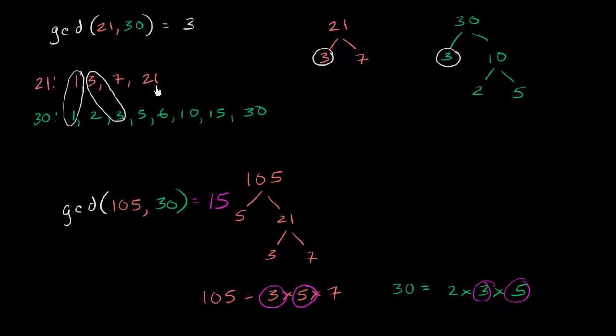You could just list out the traditional divisors or factors and figure out which of those is common and is the greatest. Or you can break it down into its prime factors, and then figure out the largest set of common prime factors, and the product of those is going to be your greatest common factor. It's the largest number that is divisible into both numbers.